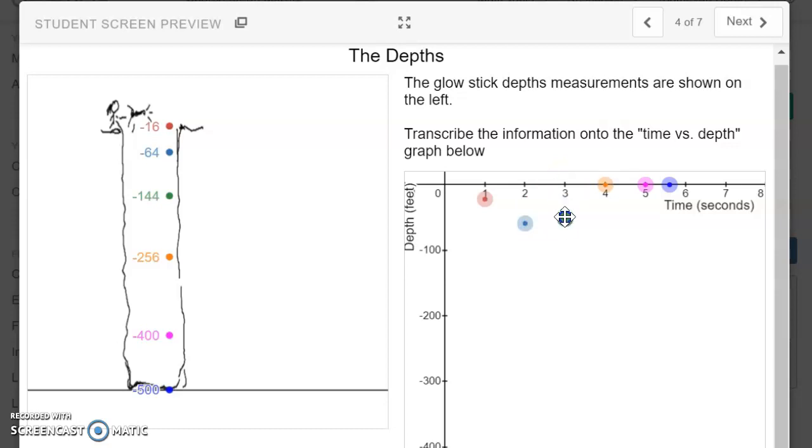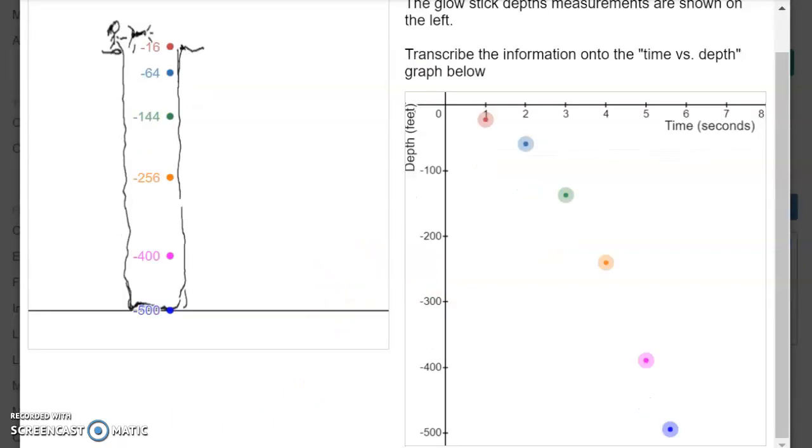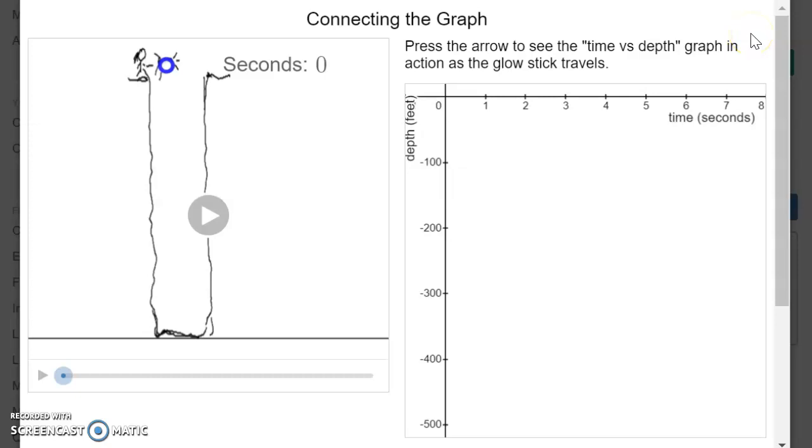Negative 144, maybe about halfway between 100 and 200. 256, maybe a little bit over. And 400 will be about here, and 5.6 will be 500, which will be right there. Okay, so that's my transcribed graph.